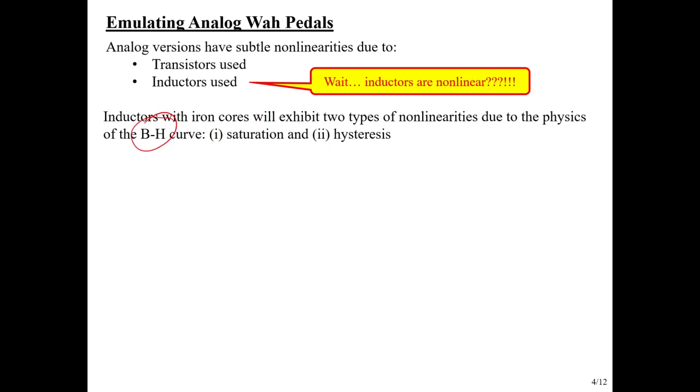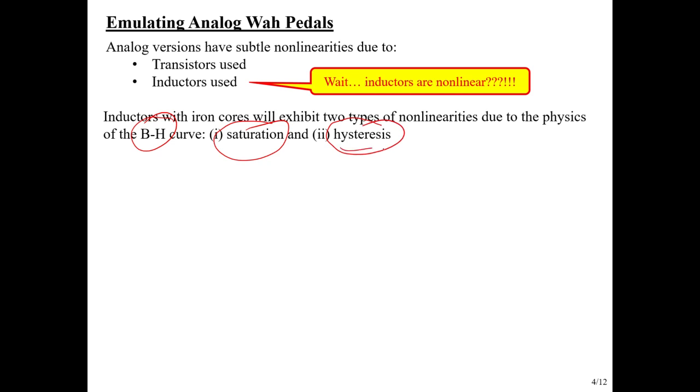And I'll show you a picture in just a minute and explain what the B and the H are, but maybe you remember. But because of the physics of wire wrapped around an iron core, there are two mechanisms that lead to nonlinearities in inductors. So one is saturation, and again, I'll talk about this when we see the picture below. And the other one is something called hysteresis.